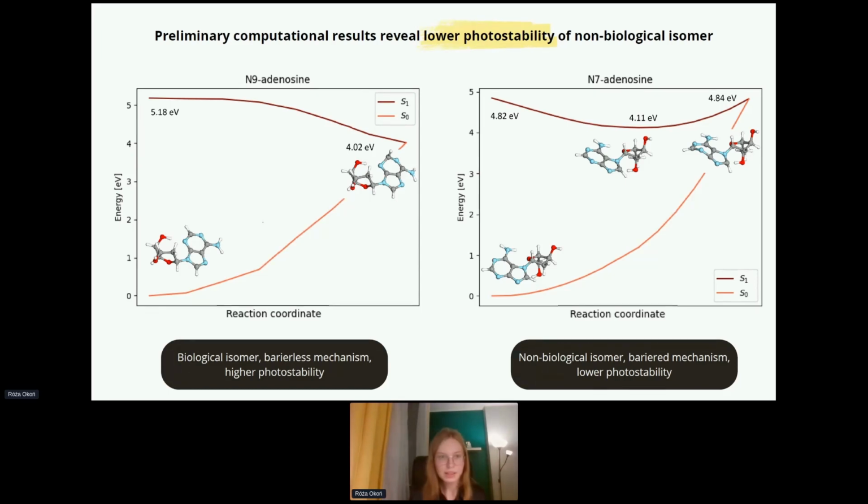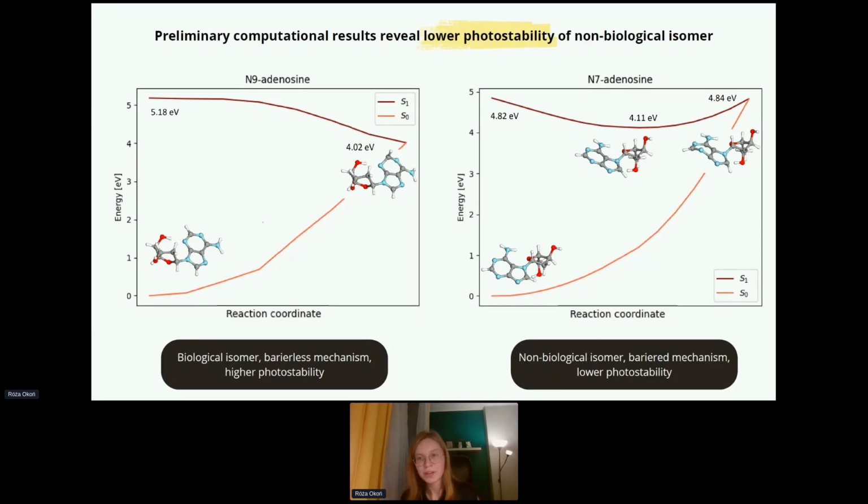Therefore, N9, the biological isomer, can very quickly come from the starting geometry to the one corresponding to the ground state, and the lifetime of the excited state could be very short because there is a really fast way back to the ground state. And the case of N7, non-biological adenosine, is quite opposite.